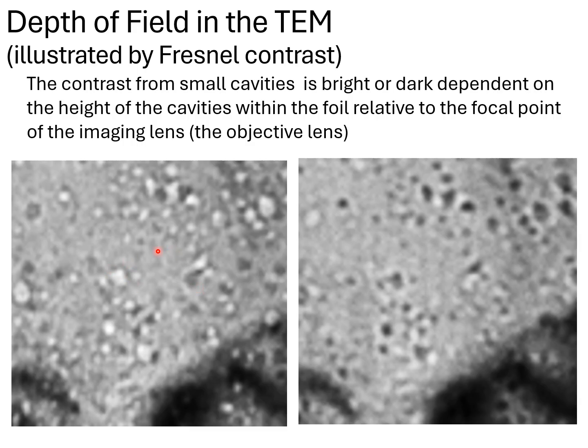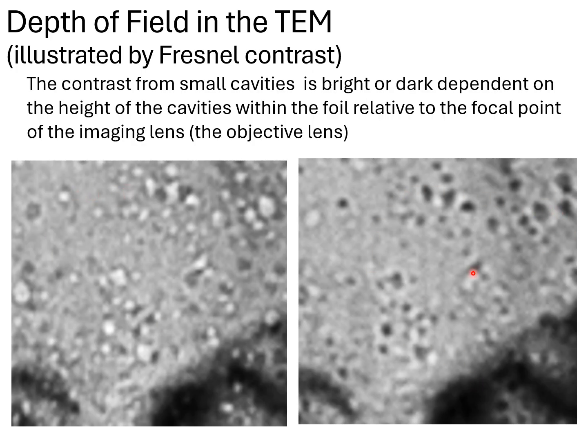Now I can see the effect of the height difference of these bubbles within the foil, which, just by varying the height at a certain focus condition in your microscope, the images might be dark and bright or bright and dark, depending on the height of these bubbles. So without resorting to stereo microscopy, I can decide at what height some of these bubbles are.